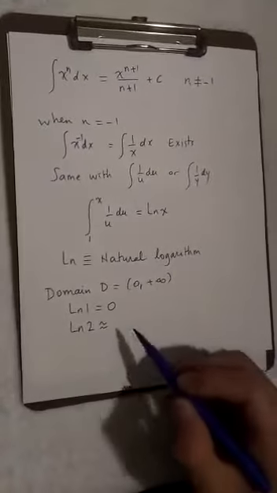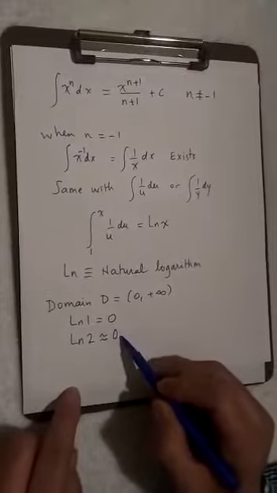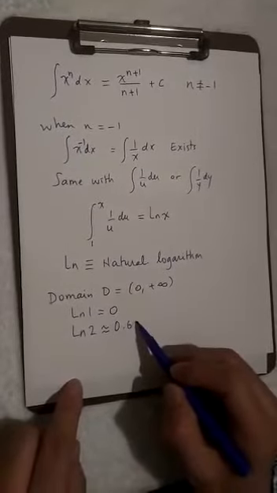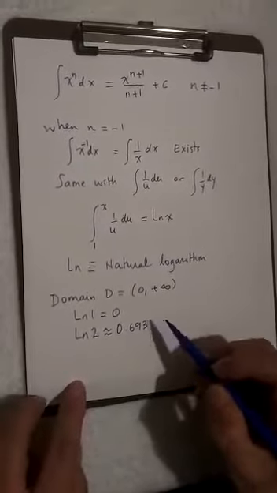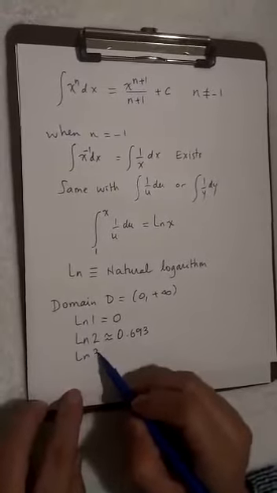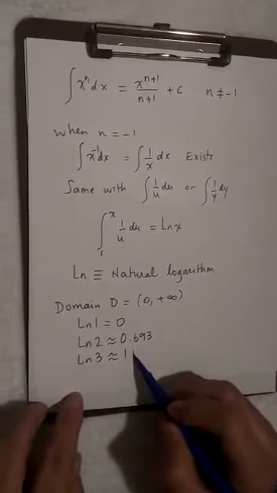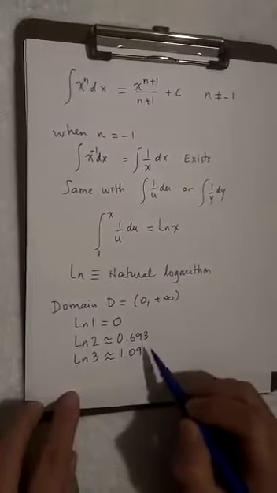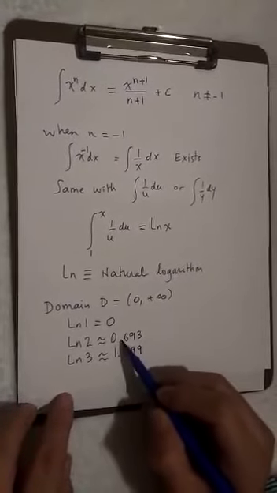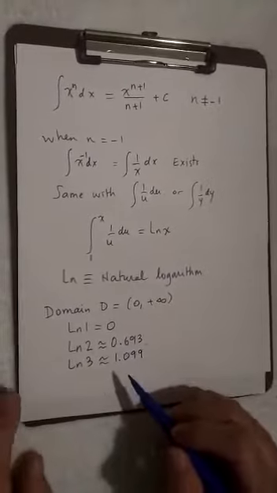The logarithm of 2 is approximately 0.693, and the logarithm of 3 is approximately 1.0986.